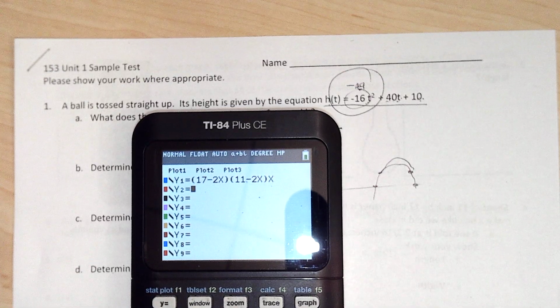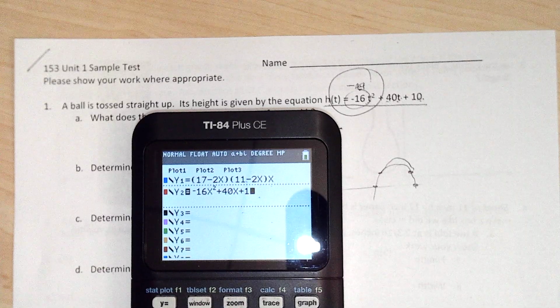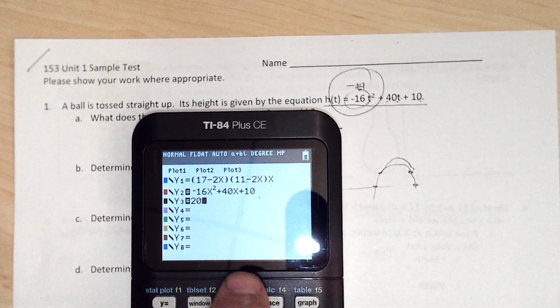I want to do negative 16 x squared plus 40 x plus 10 and graph 20.